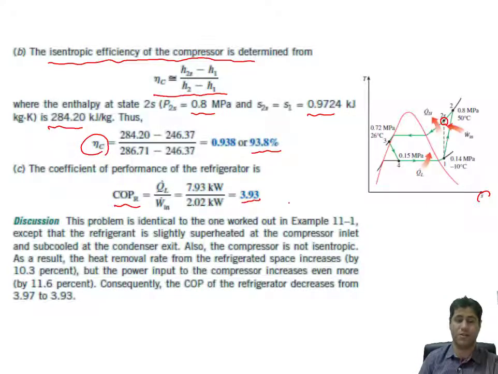vapor compression refrigeration cycle. As you notice here, this is exactly the same cycle as the previous example, which was an ideal cycle. But here, due to the irreversibility which we have in the compressor and evaporator, the COP is changed from 3.97 to 3.93.